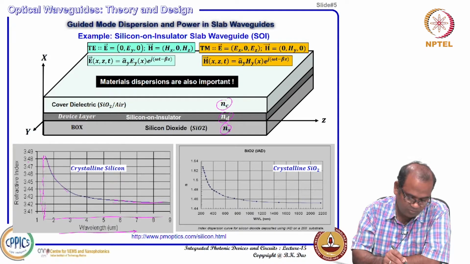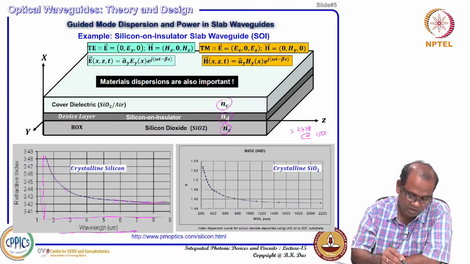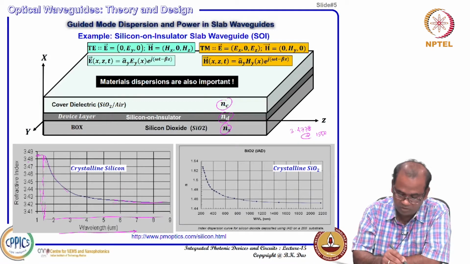If we operate at 1550 nanometer, it is about 3.4778, as we mentioned earlier. Below that, band gap absorption is there, so they could calculate from here up to here, and it is showing.